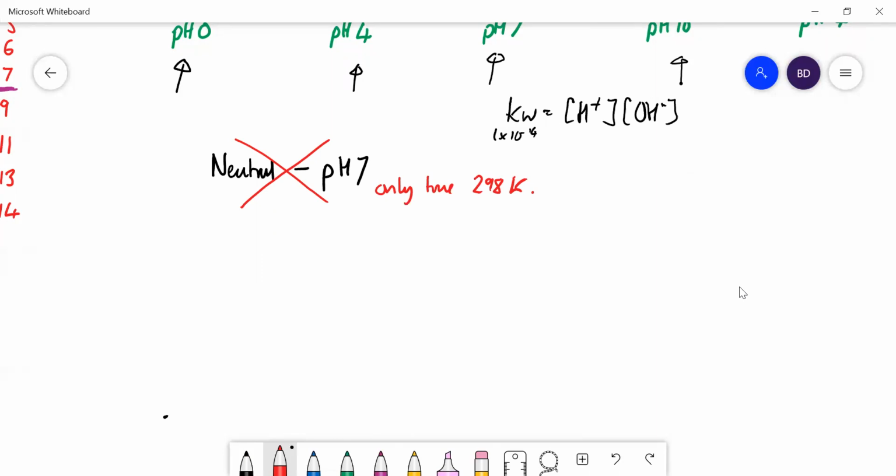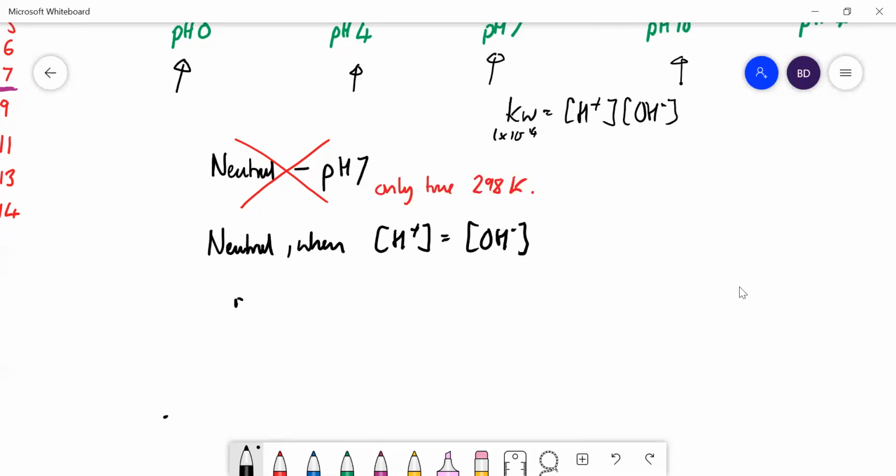But the strict definition of a neutral solution is when the H+ concentration is equal to the OH- concentration. That's the definition of neutral. So let's work out what the pH is then. We know that Kw is equal to H+ times OH-.